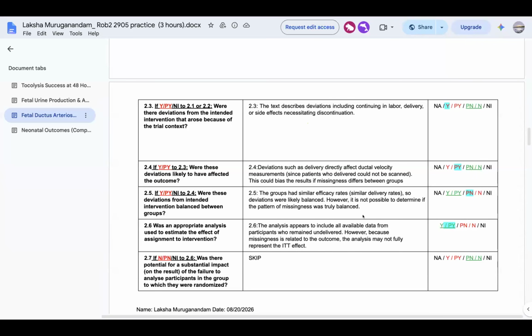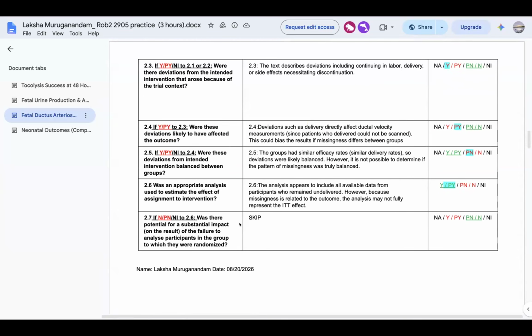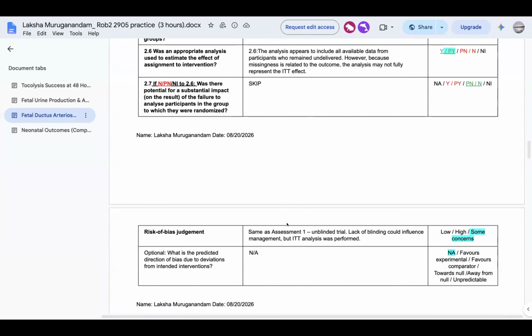But that would be domain 3. This is asking if they did ITT or per protocol analysis. In this case, I believe they did ITT. Okay, wait, yeah, you're right. I got a little confused. So for 2.6, are we going with yes or PY? Yes. Okay, so we're going to skip 2.7, and then the judgment in this case, she had some concerns.